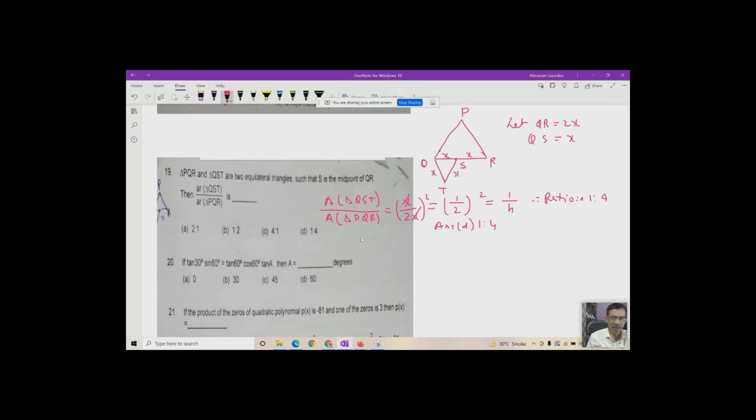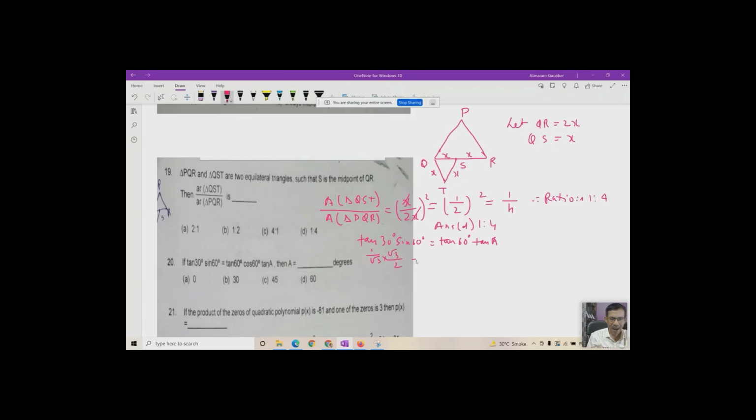Tan of 30 degrees sine of 60 degrees is equal to tan 60 degrees tan of A, and you are asked to find angle A. So tan 30 degrees you already know as 1 upon root 3. Sine 60 is root 3 upon 2.